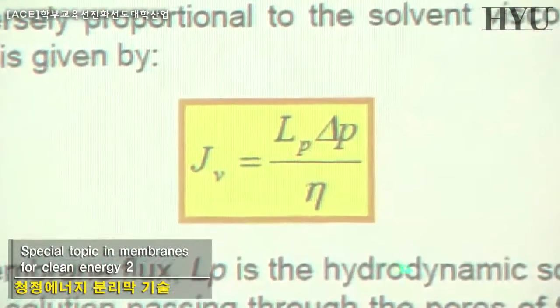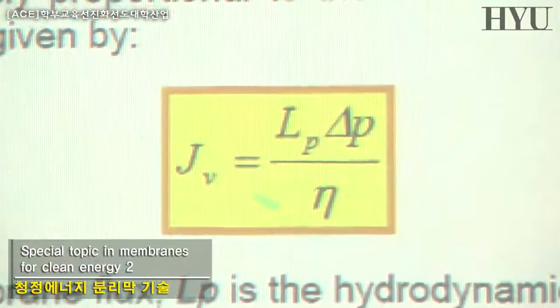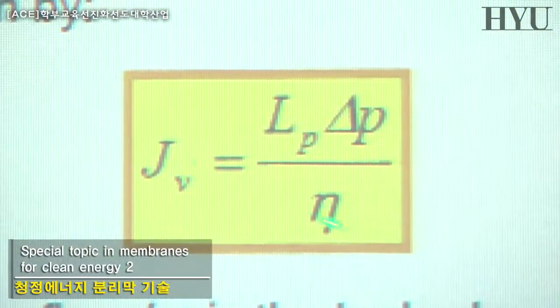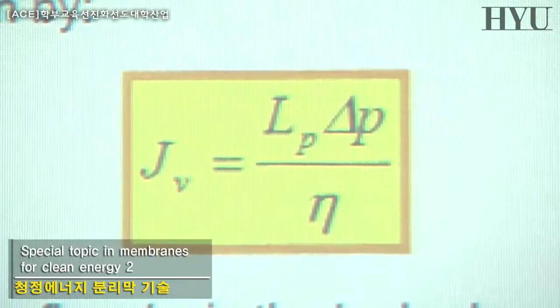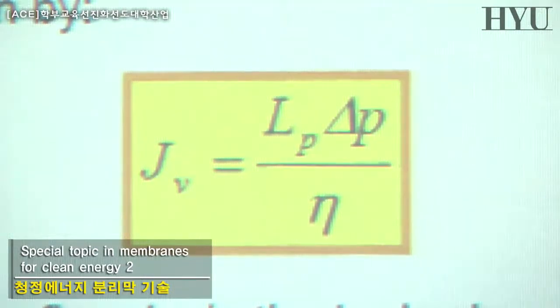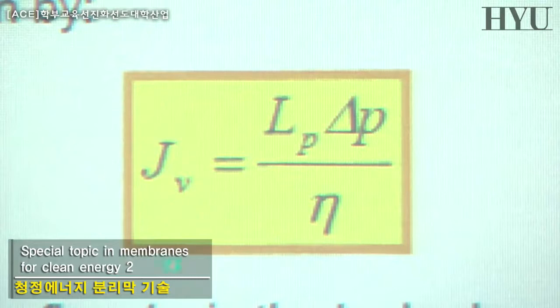If you have a highly viscous solution, then the flux is inversely dependent upon the viscosity of the solution. If you apply high pressure in the feed, then delta P is larger, so it is linearly related with the flux of your solution.